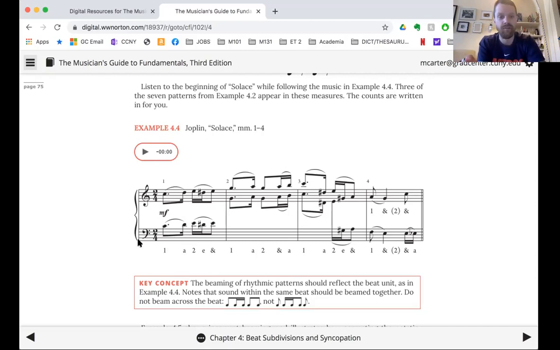That's just the first one, and the second quarter note, 2 E and a. So put them together: 1 2 E and. I'll just repeat it: 1 2 E and 1 2 E and, and so forth.